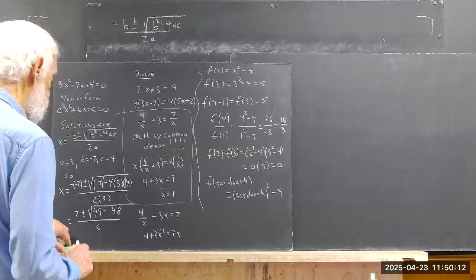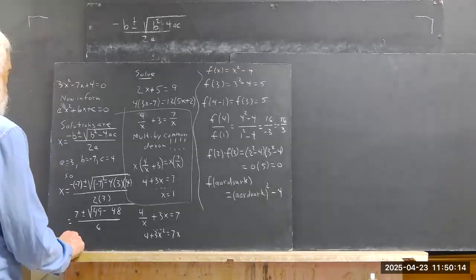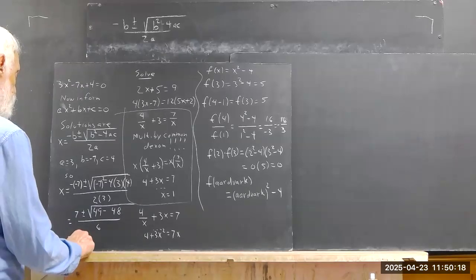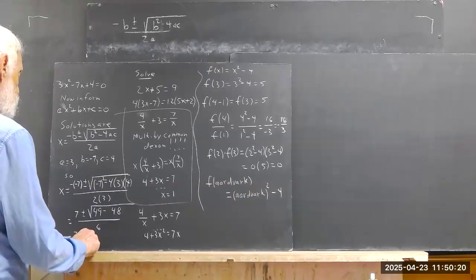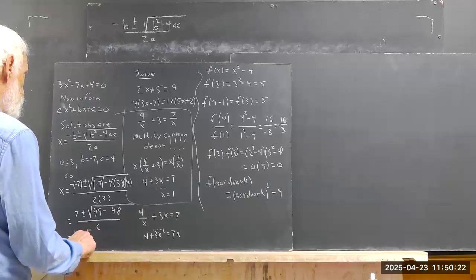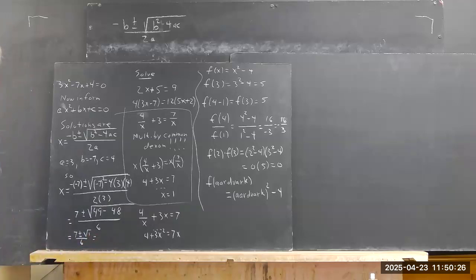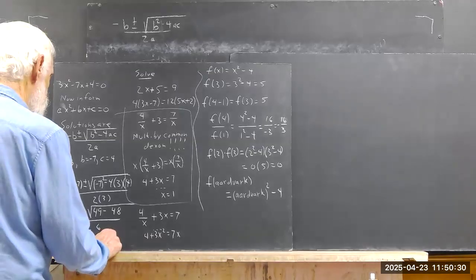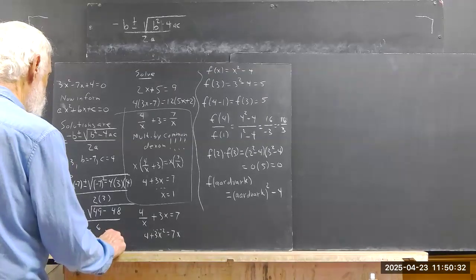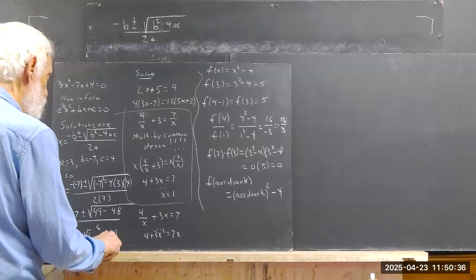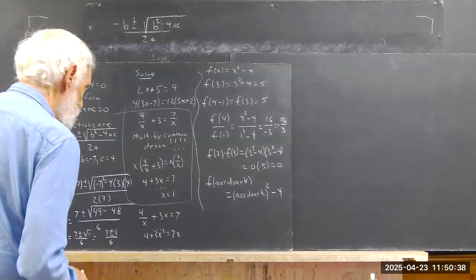Well, that's over 6. So what we then have is 7 plus or minus the square root of 1, and the square root of 1 is 1. So it's 7 plus or minus 1 over 6.